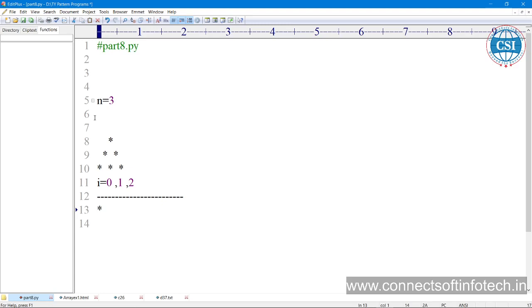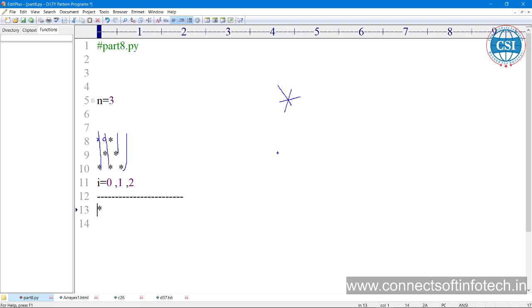But where do we have to print a star? We have some spaces here. See here, there is one space and another space. How many spaces are there? Two spaces.